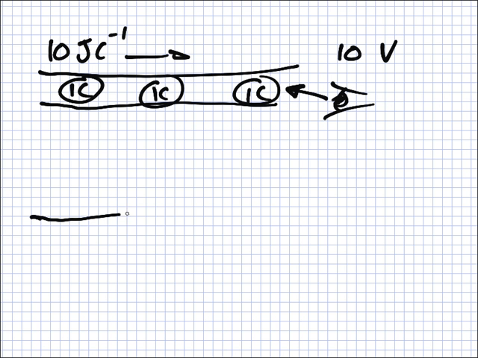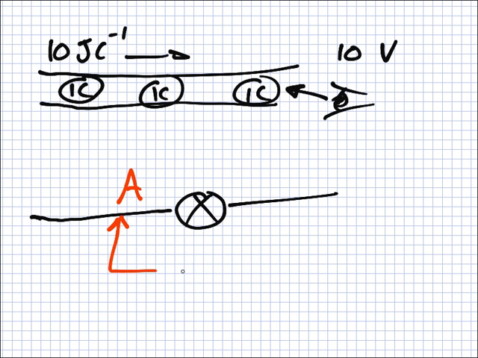Unfortunately, the way the voltmeter works, maybe you have a light here or something, the voltmeter looks at 2 different points in the circuit. Let's say here A and B. And it can't tell you how much voltage is left or how much you had at the beginning. It can only tell you the difference.